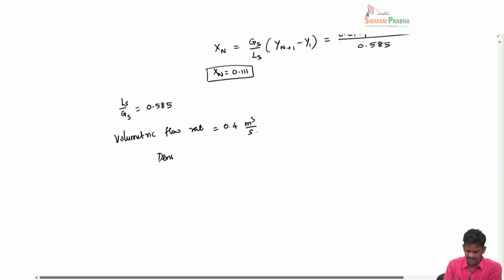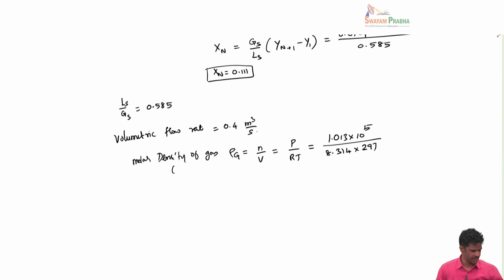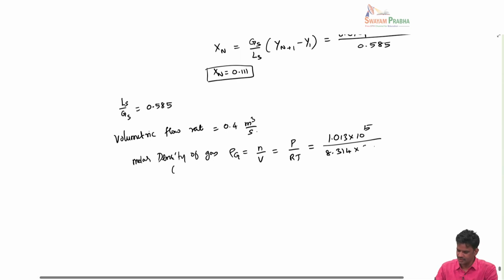Now the density of the gas, rho g, this is actually molar density, N by V, is given by P by RT, and P is 1 atmosphere, so in bars, and the temperature is 24 degrees Celsius, so it will be about 297 Kelvin.